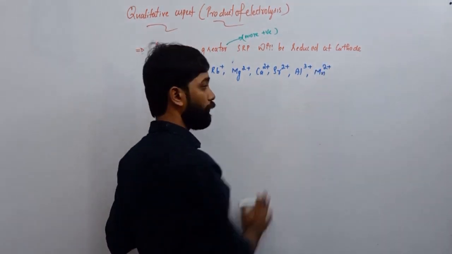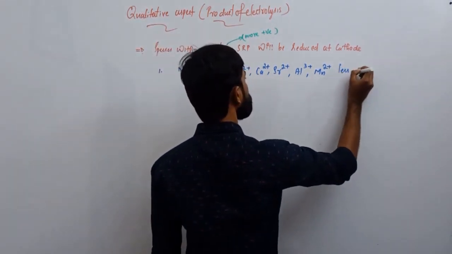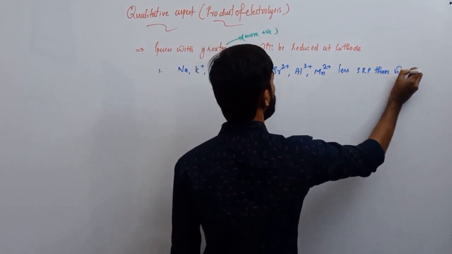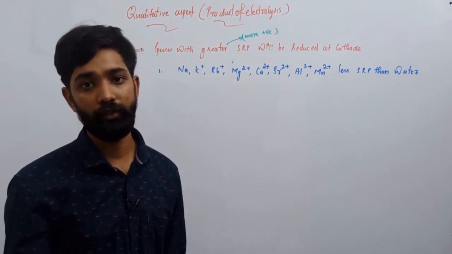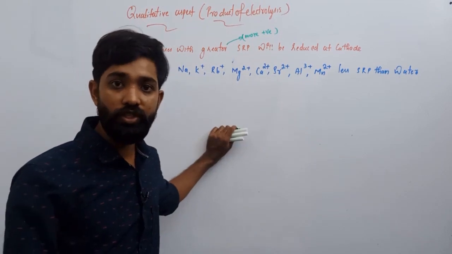They all have a lower standard reduction potential than water. We know the standard reduction potential of water is -0.83. And all these species have a standard reduction potential which is less than your water.